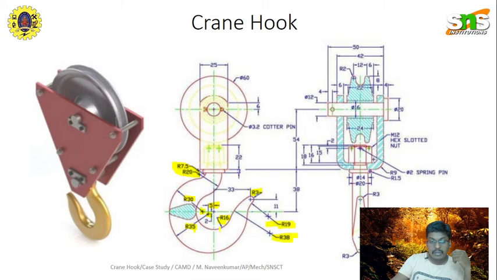Also here the radius is 16, here the radius is R3, here R19, and here R30. So each radius changes from one place to another, so you have to understand carefully before drawing this crane hook. The distance between this point and this point is 33 millimeter.